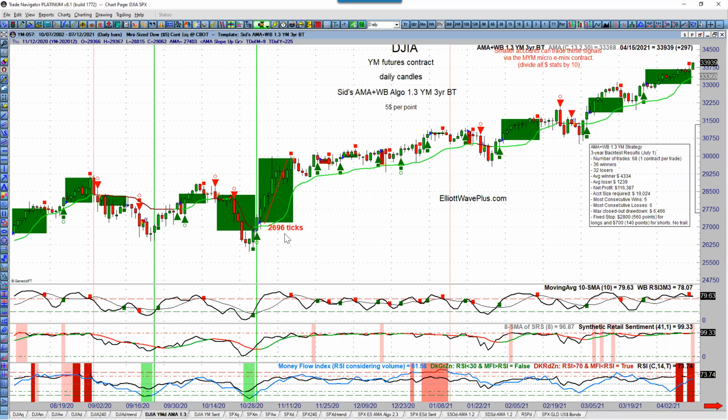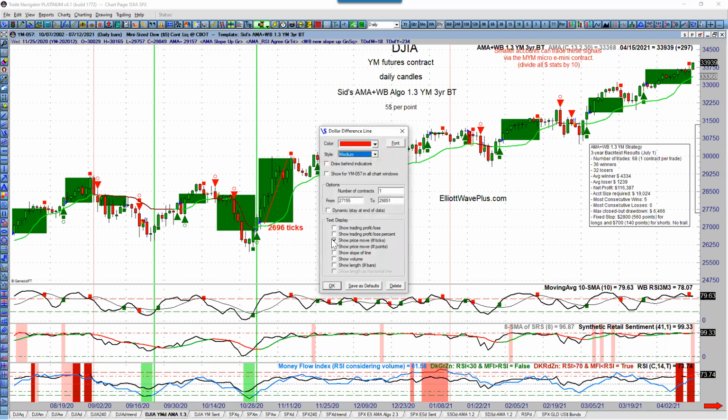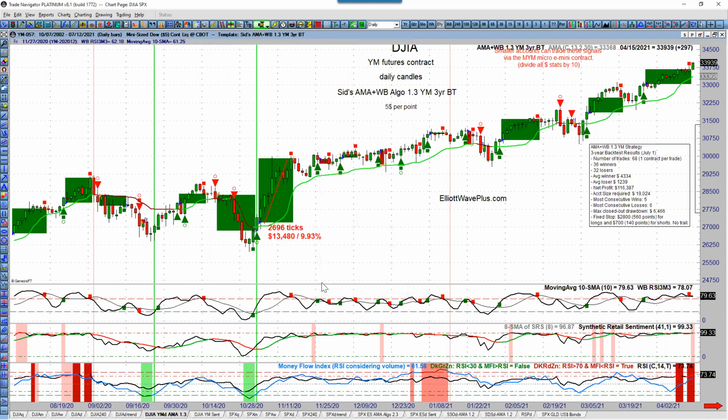And this is the secret to the success of this algo: it has an open profit objective. And so it has an open profit objective when it gets into a trade. It doesn't just take profit at a fixed amount. Because if it does, and you get this kind of a breakout move, you're losing out on a big, big move. And that's the secret to the success of the algo. So there was a huge, huge winner.